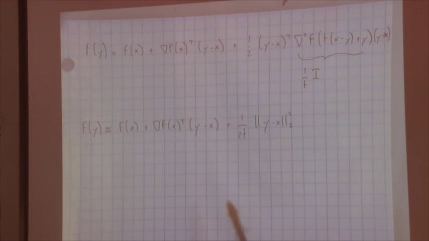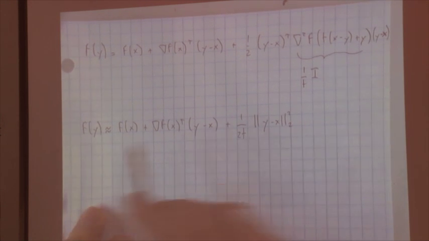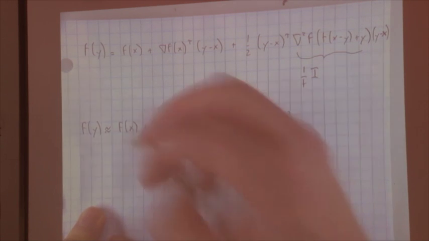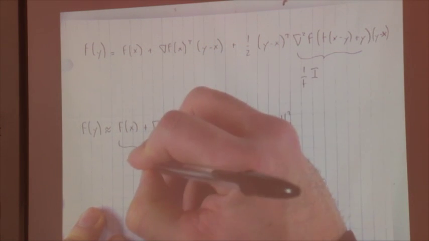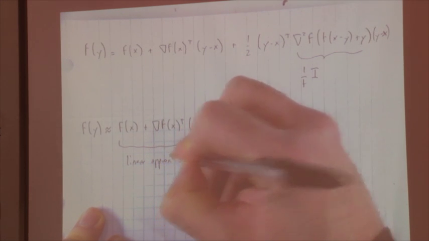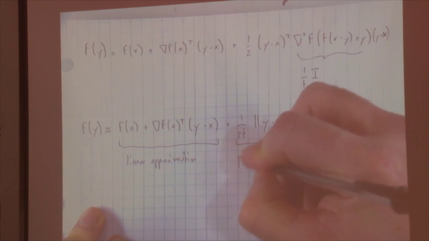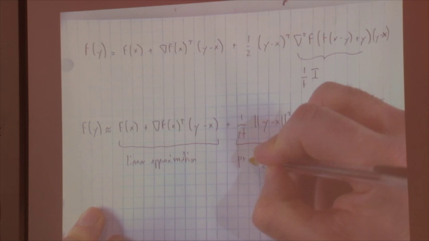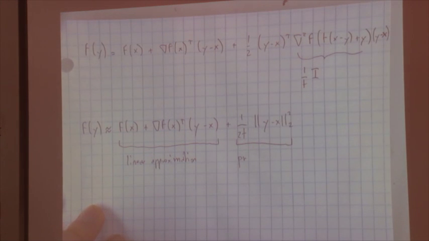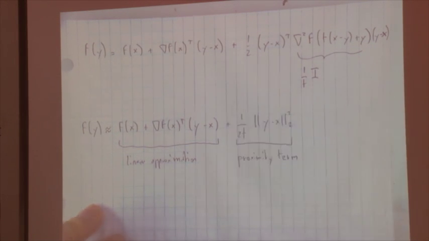This is not assuming that the function is twice differentiable. I was just writing a second order Taylor expansion to tell you that you can get this expression by tweaking it. But you can think about this approximation of f as a linear piece plus a proximity penalty, some penalty that penalizes how far y is from x. So you can think about it as a proximity term.